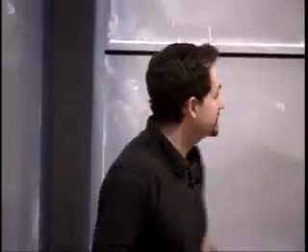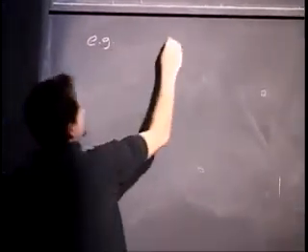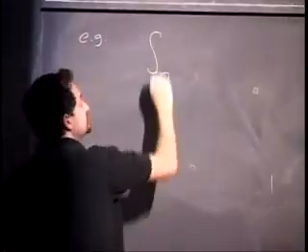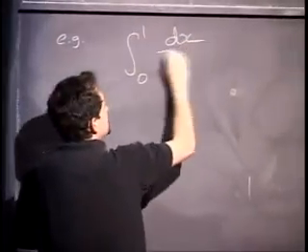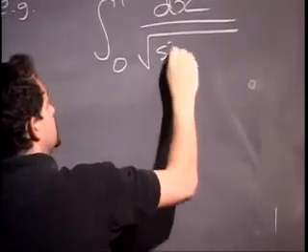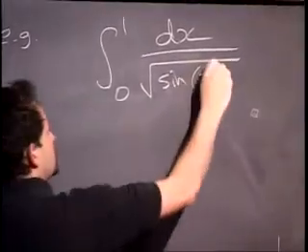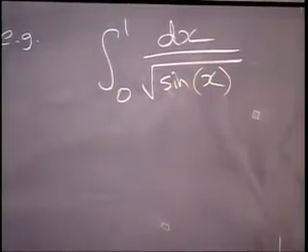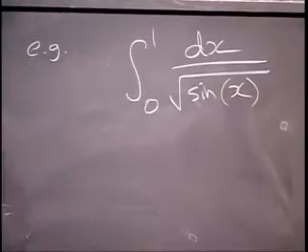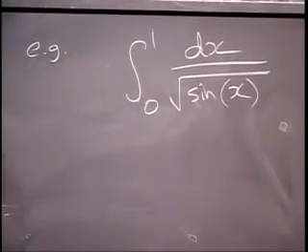So, let me give you an example. This is called the limit comparison test, as I said. So, for example, suppose that, and here's our first really significant example, first of many. Suppose I take this integral.